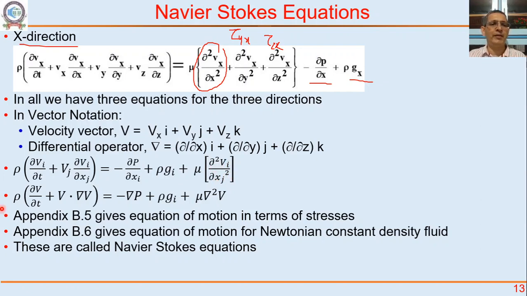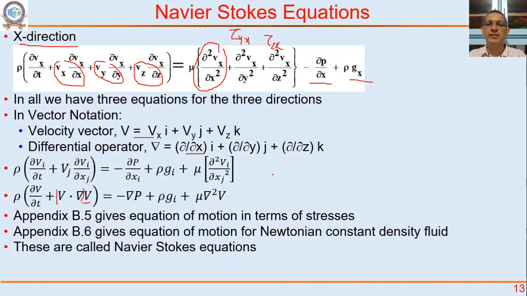Or if you like, in the vector notation using these operators, you can say rho del V by del t plus V dot del V. V dot del is the operator, like the dot product of V with del, and that operates on this V, minus del P, rho Gi, mu del square Vi.